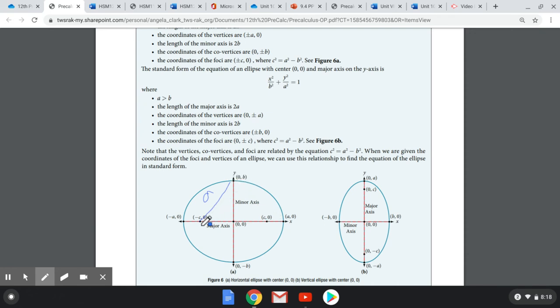That has to do with what I was talking about earlier: the distances from the foci to the ellipse, if you add them together, are always equal. That fact leads us to finding that a is in fact also this distance here.